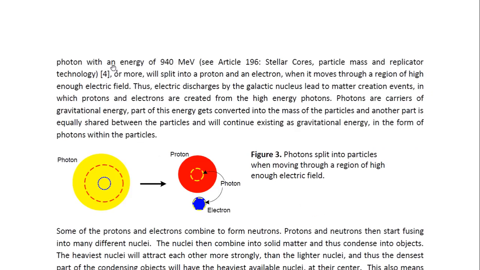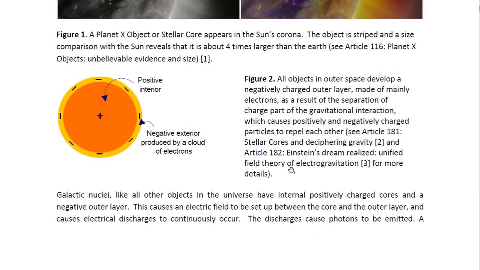And so a photon with an energy of 940 MeV, and I describe in Article 196, entitled Stellar Cores, Particle Mass and Replicator Technology, how I came to that particular number. When a photon has this energy or more, it splits into a proton and an electron when it moves through a region of high enough electric field.